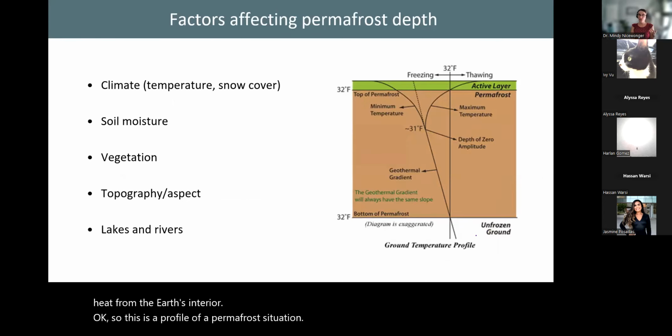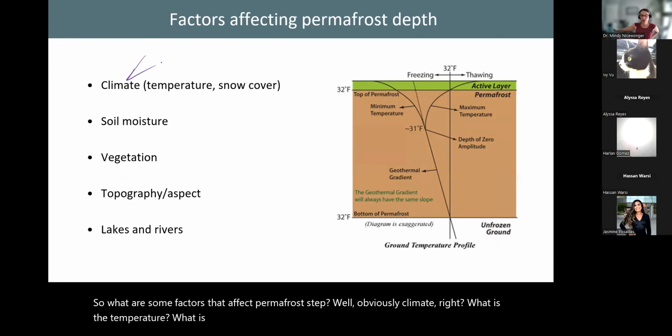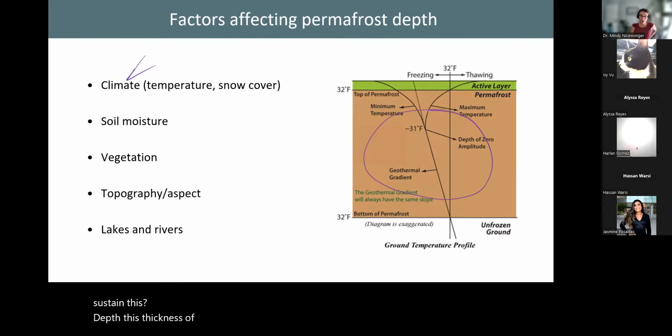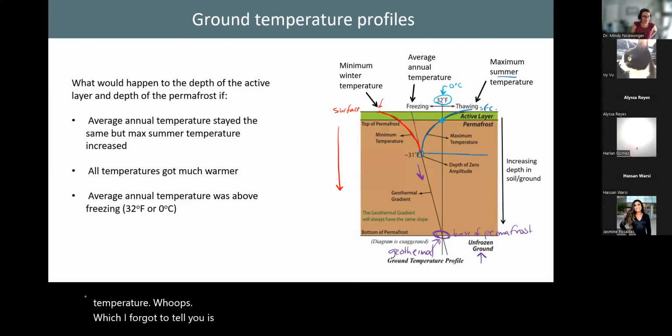So what are some factors that affect permafrost depth? Well, obviously climate, right? What is the temperature? What is the annual temperature in that region? Is it getting cold enough to sustain this depth, this thickness of permafrost throughout the year? Okay, so basically your annual temperature, which I forgot to tell you is this line, this third line here, I'm going to mark it with green.